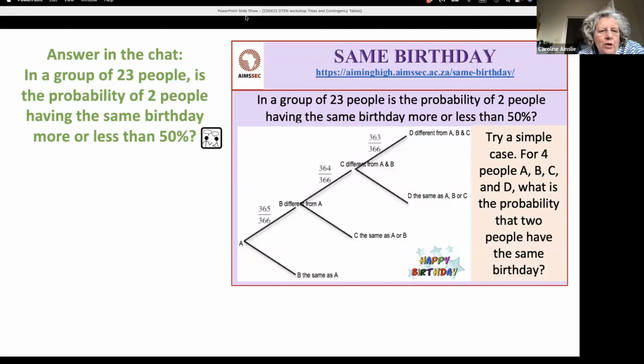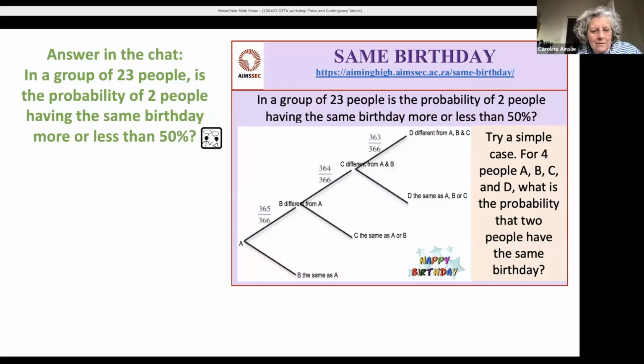And the question is, in a group of 23 people, is the probability of 2 people having the same birthday more or less than 50%? Now, there's 366 possible birthdays, counting the leap year. Somebody might have been born on the 29th of February. And we're looking at only 23 people.